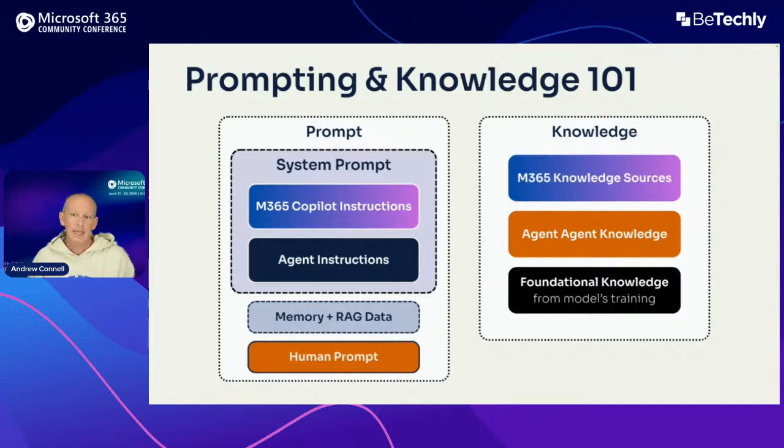Now, what makes Copilot a little more interesting is that you can see here on my slide a section that says memory and RAG data. When I ask Copilot, hey, summarize my meetings today, before it sends that over to the language model, like GPT-5 or whatever's being used, it first reaches out and says, let's do a query against Andrew's calendar and find all of his meetings today.